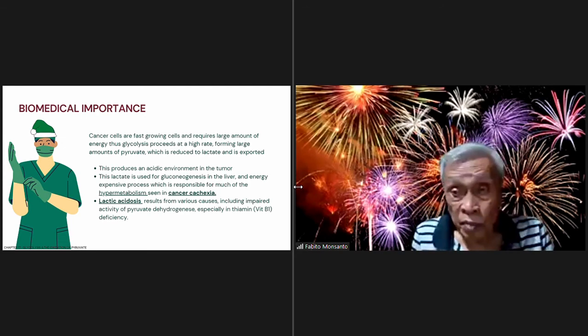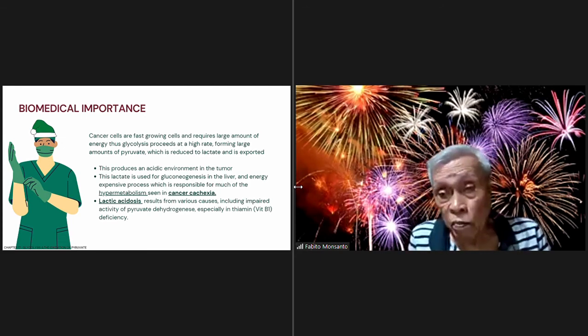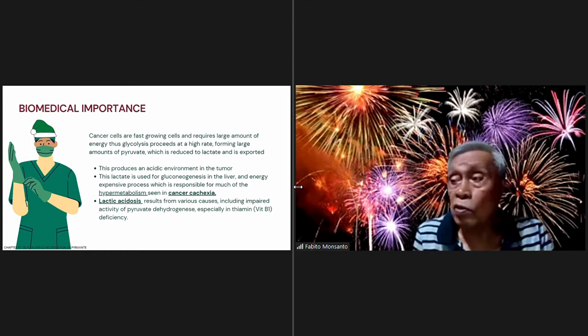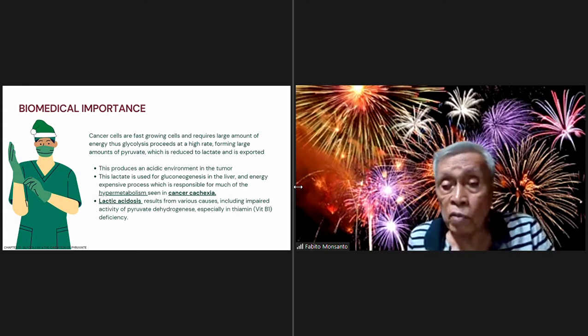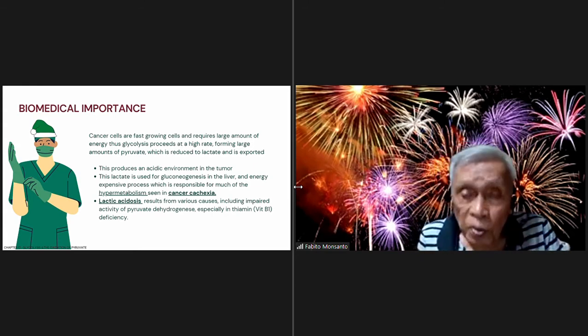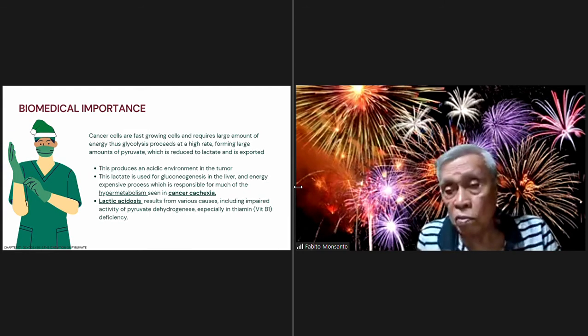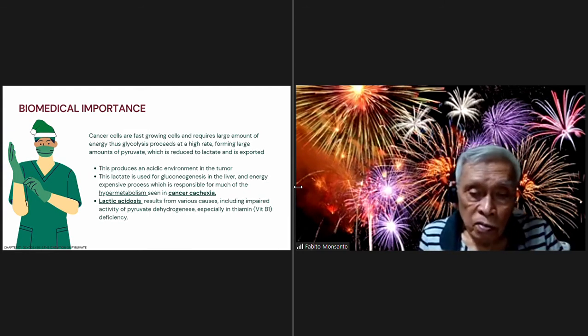Because for every molecule of glucose, you have only a net amount of two ATP in anaerobic glycolysis. You know that, no?